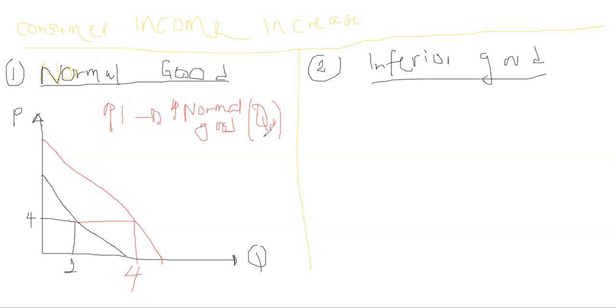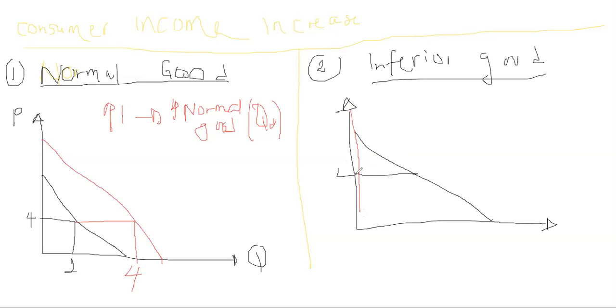So can we say the same thing for an inferior good? That's not the case. For an inferior good, if income increases, then the quantity demanded of the inferior good will decrease. Let's assume that this is our original demand curve at a price of 4. That was our original price, and the quantity demanded was 2.